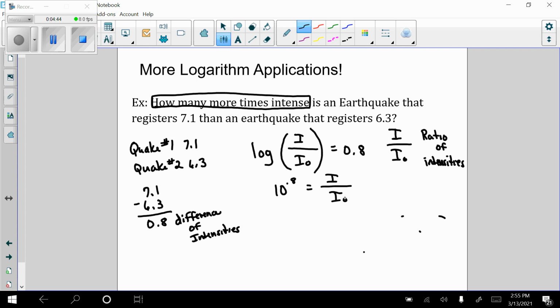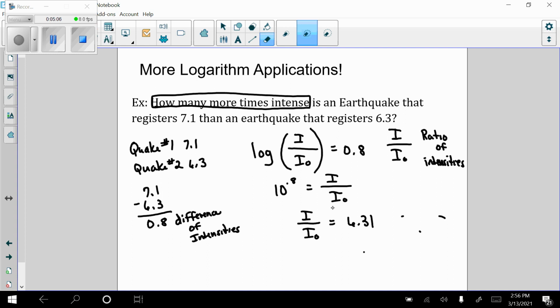So if I go ahead and take my calculator and take 10 to the 0.8 power, I get that ratio of 6.31. So that is my ratio of intensities.